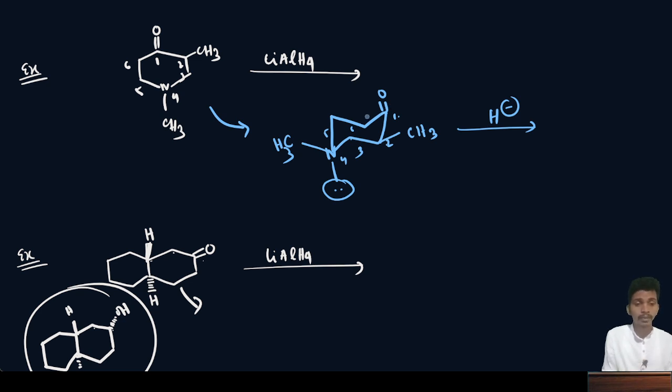From here, 1, 2 and 3, at the third position no bulky groups are there, so no 1,3 diaxial interactions, so we will do an axial attack.